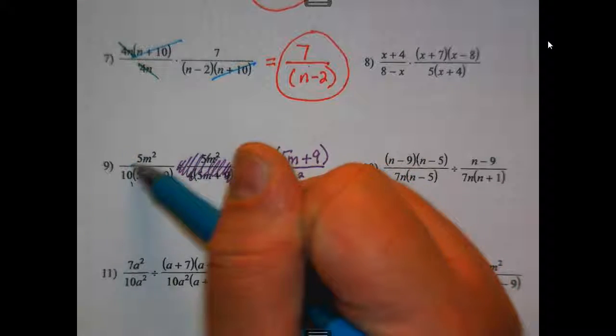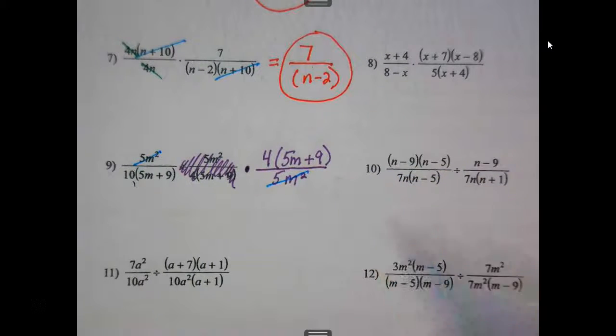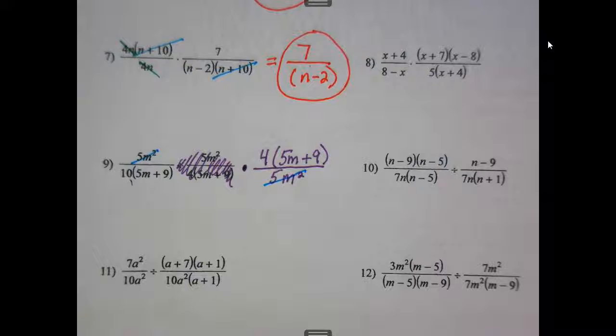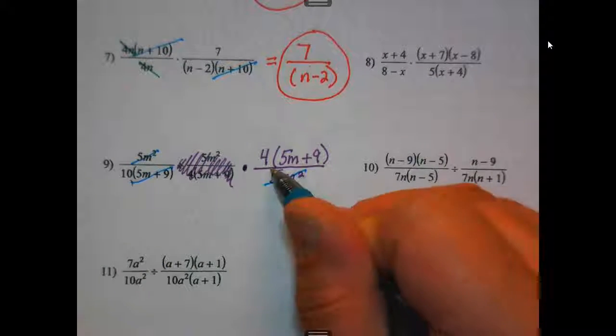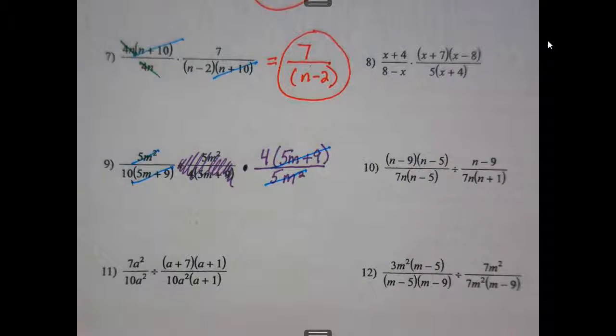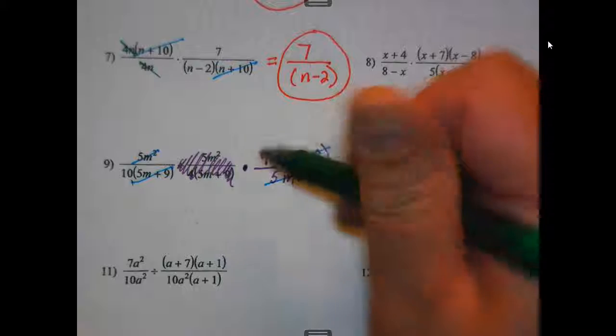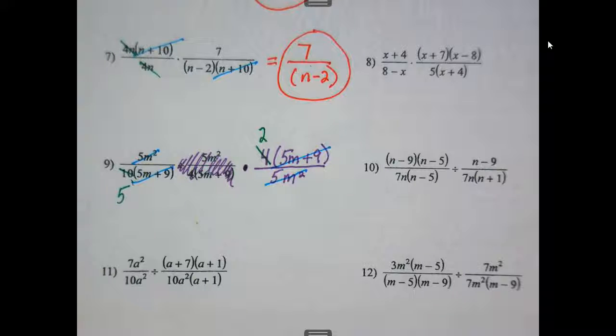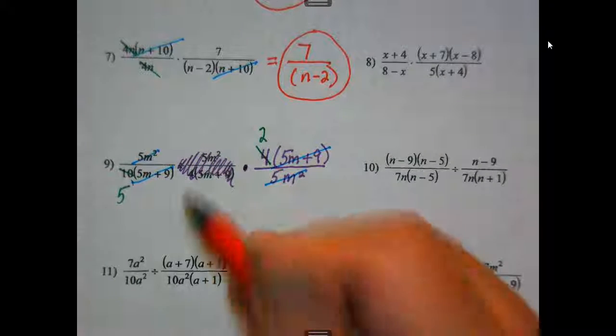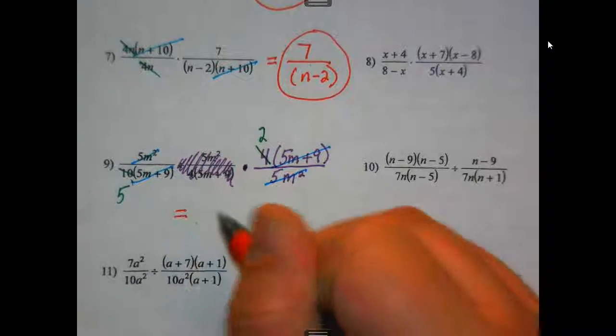See, my 5m squared is 5m squared. 5m plus 9, 5m plus 9. And actually, there's a factor 2 that goes in the 4, and a factor 2 that goes in the 10. And that's all I have left is 2/5, right?